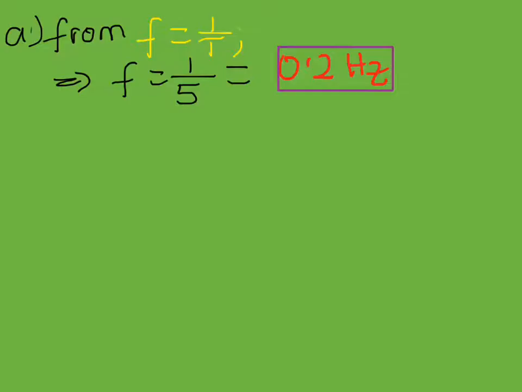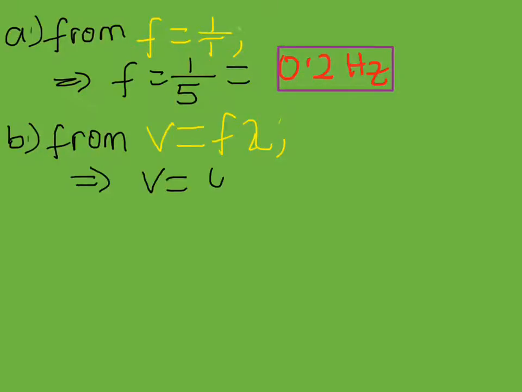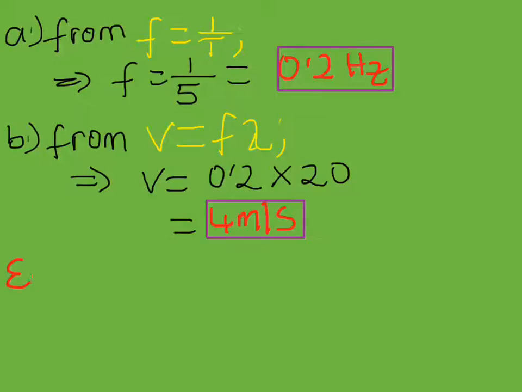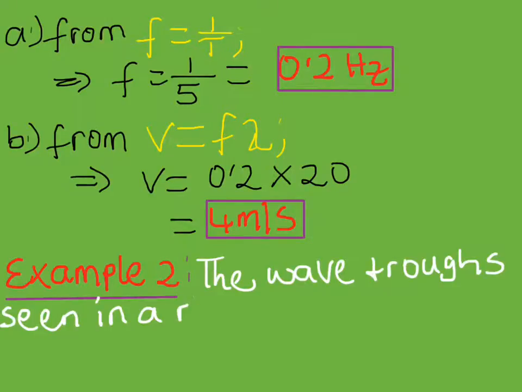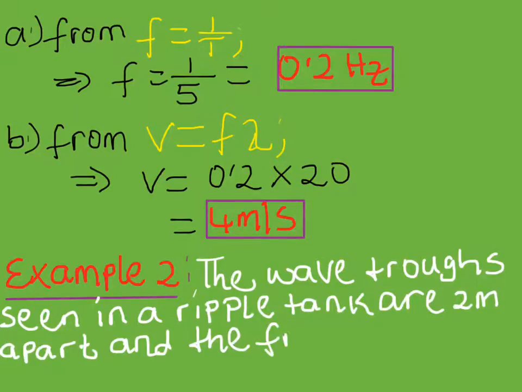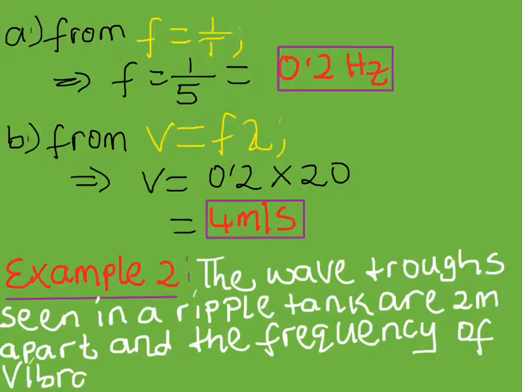The wavelength has been given, and we have calculated the frequency. So from the wavelength and the frequency, we can calculate our velocity, which is frequency times wavelength, giving 0.2 times 20 equals 4 meters per second.